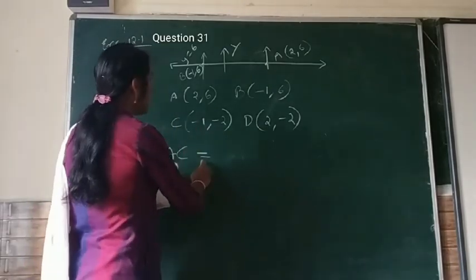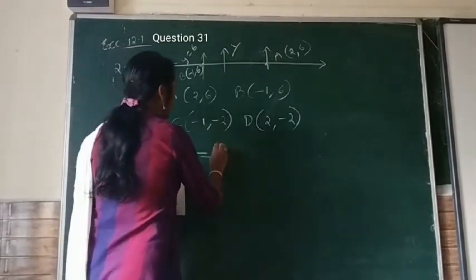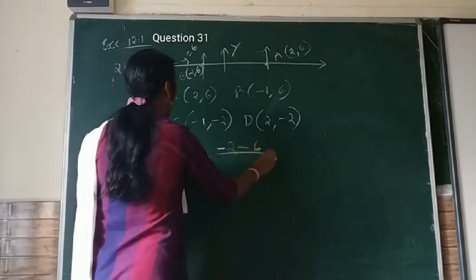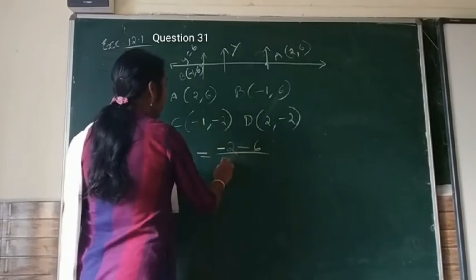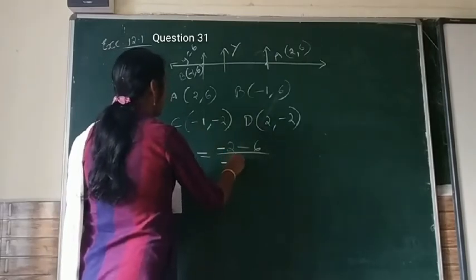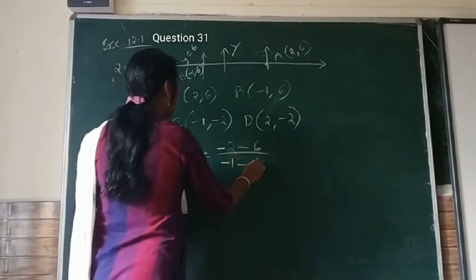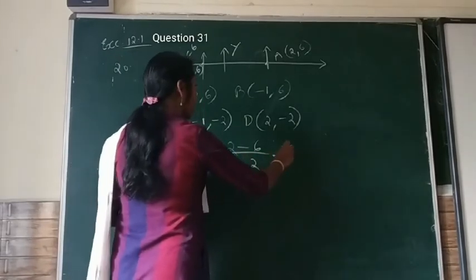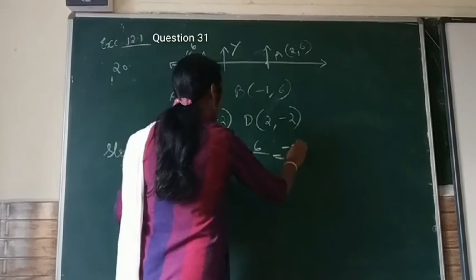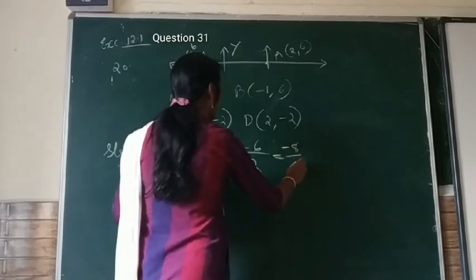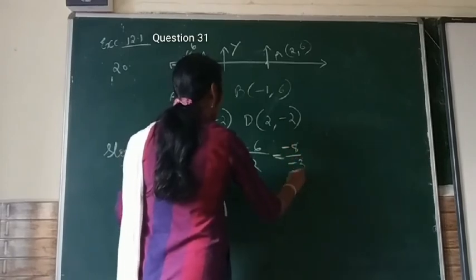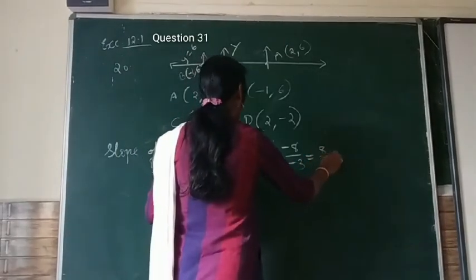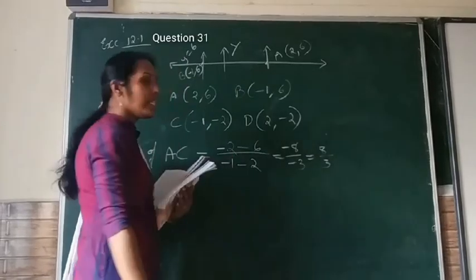Slope of AC is y2 minus y1 divided by x2 minus x1, that is minus 2 minus 6 divided by minus 1 minus 2, which is equal to minus 8 by minus 3, or it is 8 by 3. So slope of AC is 8 by 3.